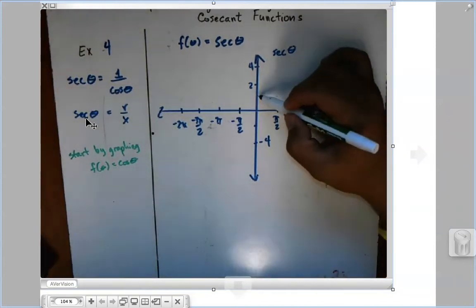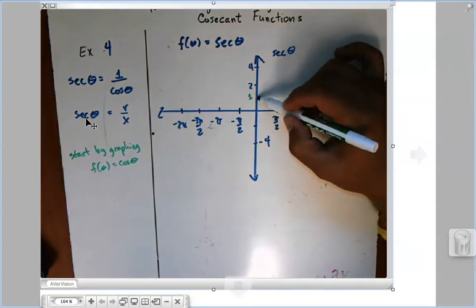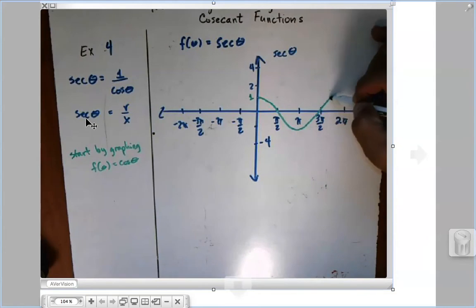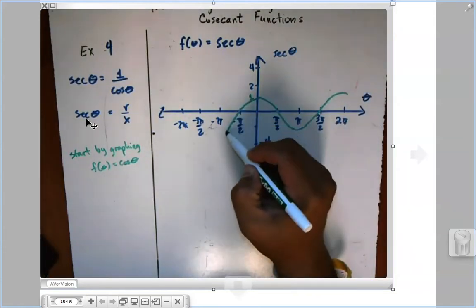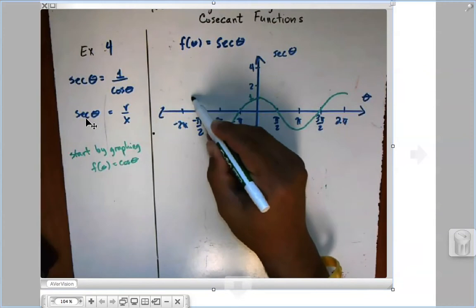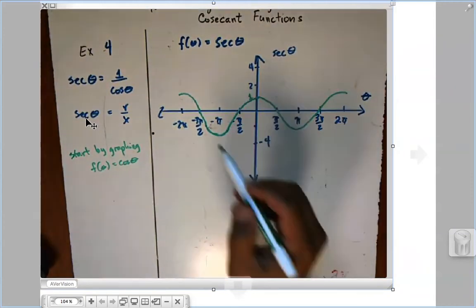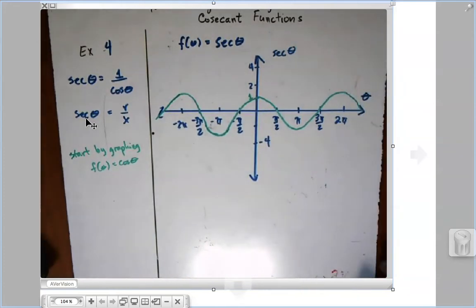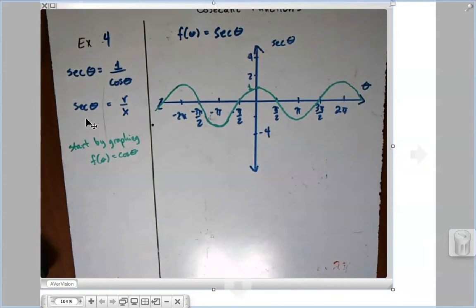So we know that for the cosine function, it starts out at a maximum, crosses over, does pretty much the same thing on the other side, just like that, and it's going to continue this pattern here.